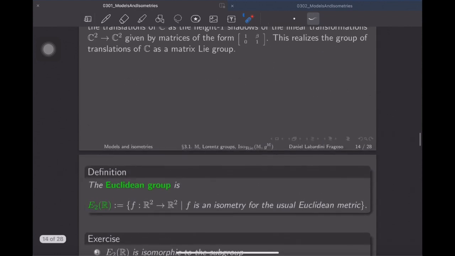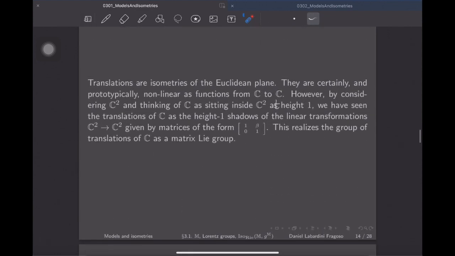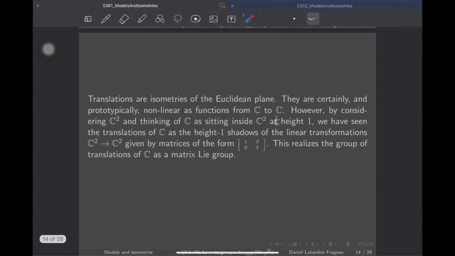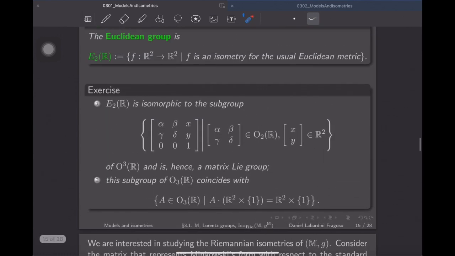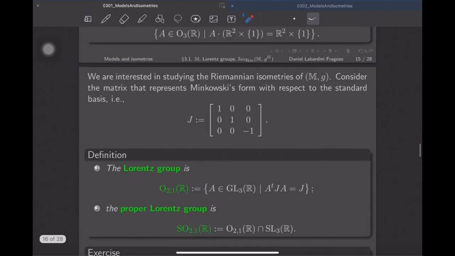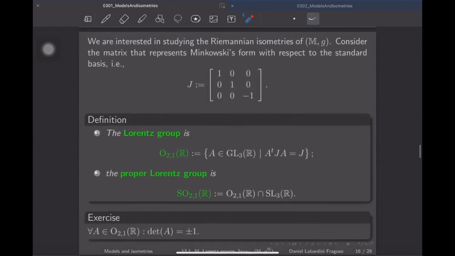And then we made some considerations as to why it is a good idea to try to see our groups as groups of matrices. The point is that we are going to try to see the Riemannian isometries of the hyperboloid not only by considering the hyperboloid itself, but as restrictions of linear maps from R3 to R3.